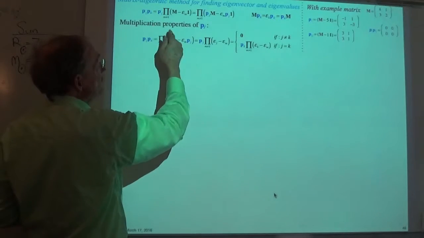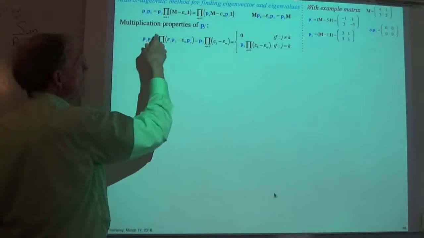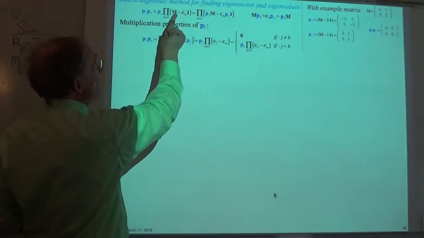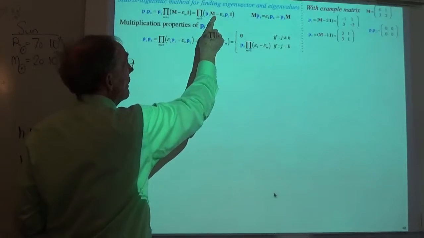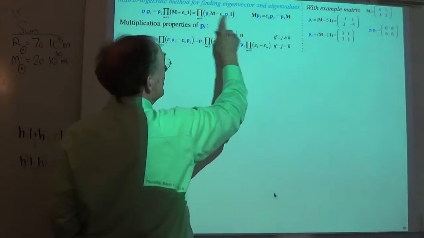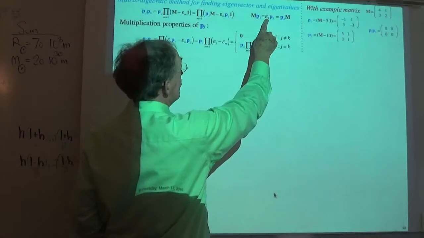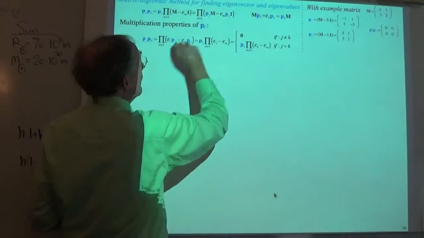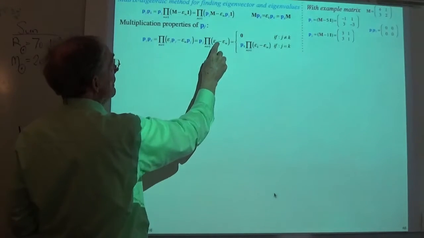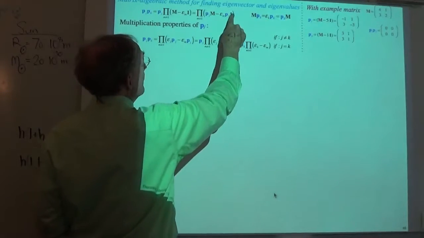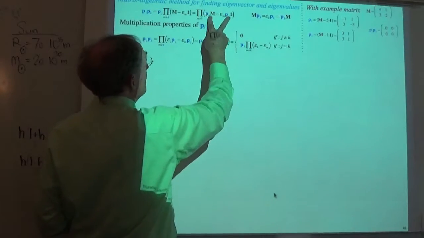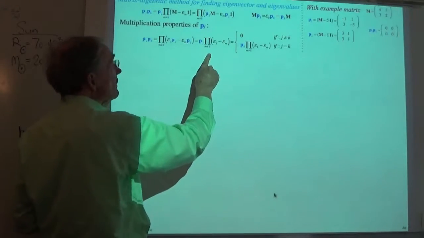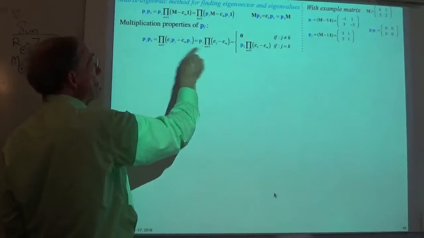Then pj is just the same thing, a product leaving out the j's. But right now we're just going to let pk go through and hit m right there. And we know what happens when p hits m, it just gives eigenvalue j in this case times the original p. So that makes this thing right here. And this thing is the pj times 1, so the two pj's can just be taken outside, and this little factor is sitting there. This is a number now, not a matrix. There's the matrix. Does that make sense?